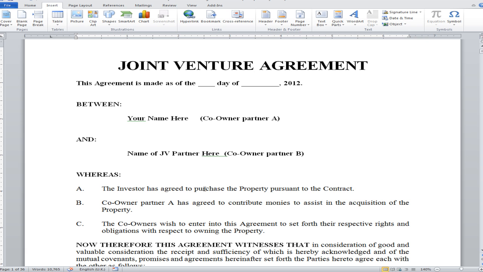So the investor has agreed to purchase the property pursuant to the contract. So there's a contract for purchase and sale, and here we're saying that the investor is typically an individual with money or with credit, or sometimes money and credit. Co-owner, partner A, has agreed to contribute monies to assist in the acquisition of the property. So the investor would be B, and co-owner would be A in this particular case.